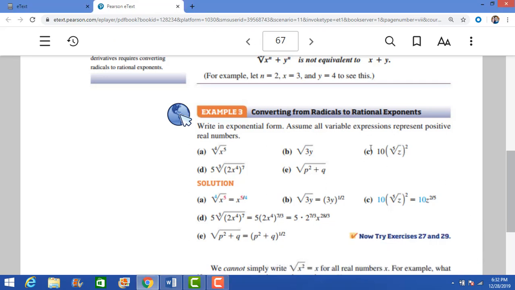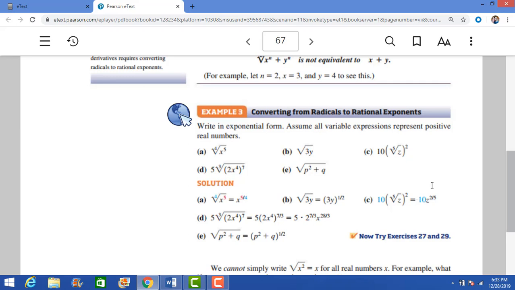So now for C here, 10 is outside of this, so 10 is going to be left alone, and this is going to become z to the 2/5 power. So it's just going to be 10 times z to the 2/5 power.